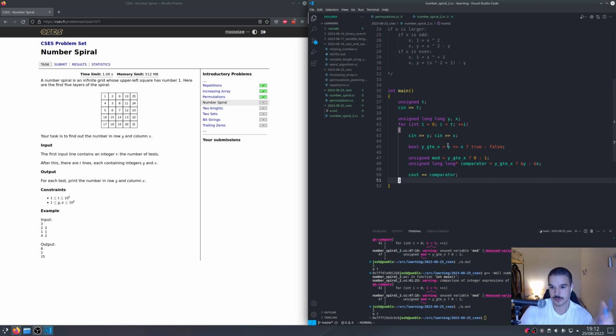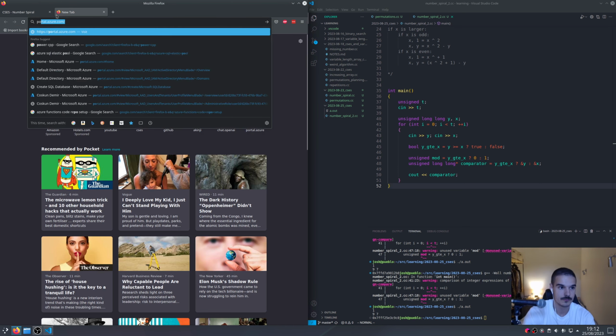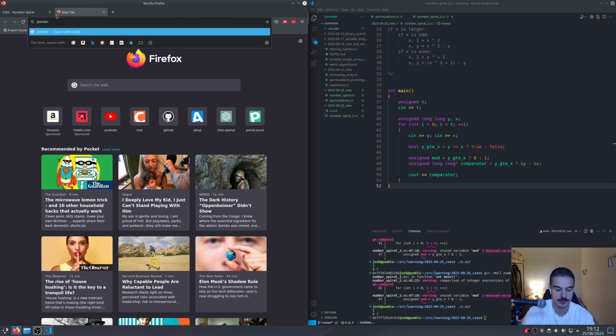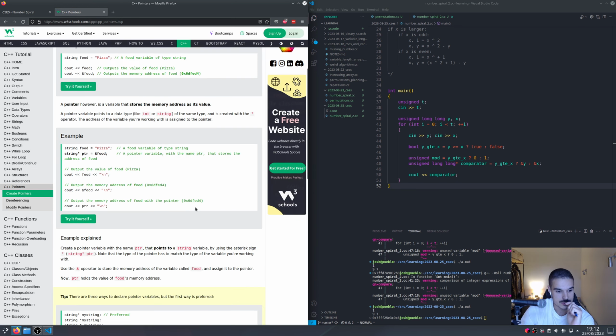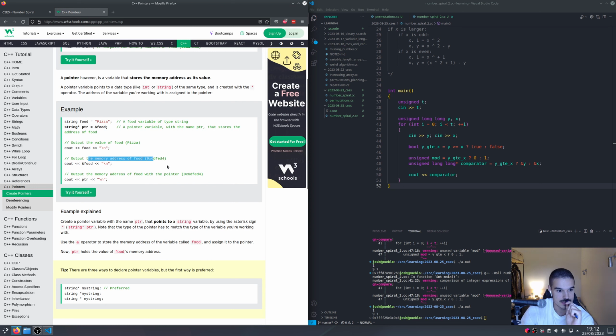Because what I want to do is point to either y or x. I'm really quite unfamiliar with pointers, we call it. So that's the memory address. I'll put the memory address.